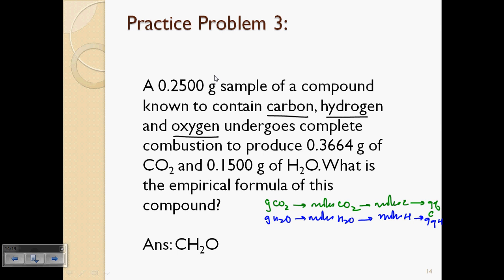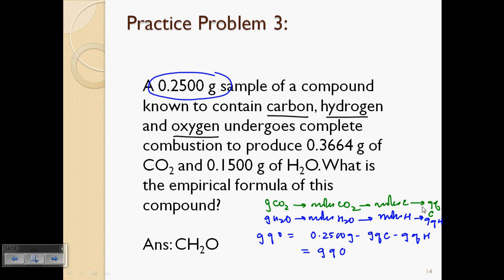Now you're given the total mass of the sample, so grams of oxygen will be equal to 0.2500 gram minus grams of carbon minus grams of hydrogen, and that'll give you grams of oxygen.